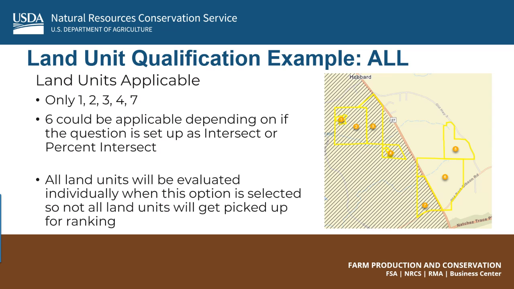However, field 5 would remain out. But if you use percent intersect and set it at a high value, 6 would not make the cut. And then we would only have those 5 land units coming in and 2 staying out. And that would be indicated in your applicability details report once you finish your ranking. Okay.